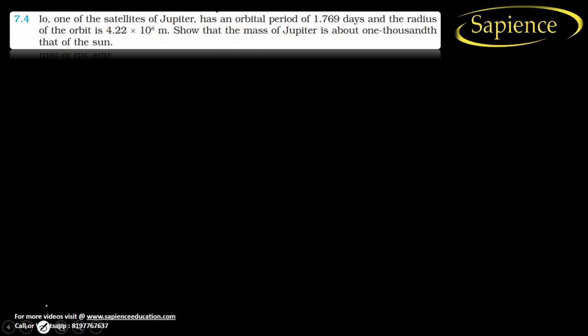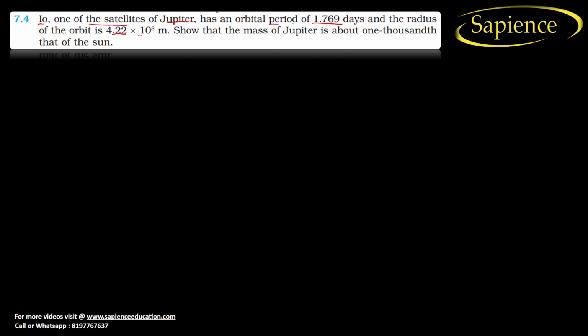Now in the next question given, Io, one of the satellites of Jupiter, has an orbital period of 1.769 days, and the radius of the orbit is 4.22 into 10 power 8 meters. Show that the mass of Jupiter is about one thousandth that of the Sun.